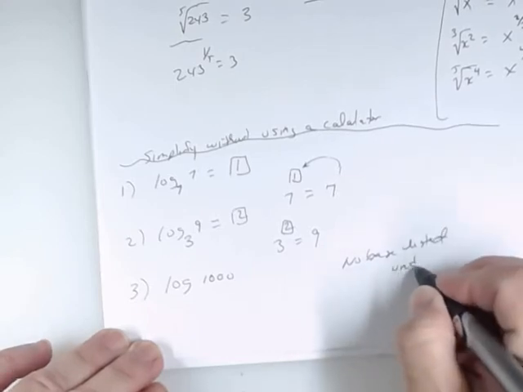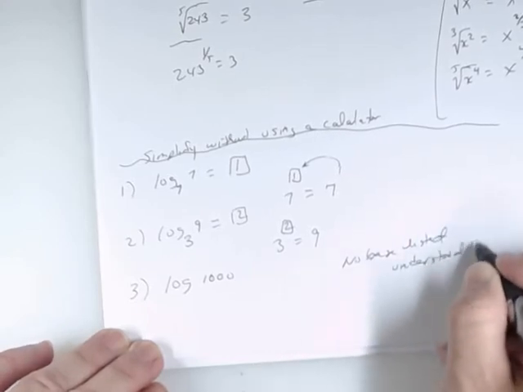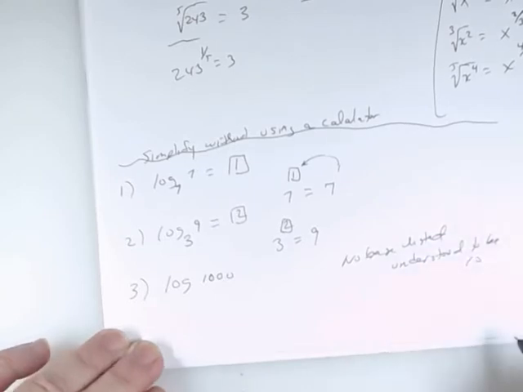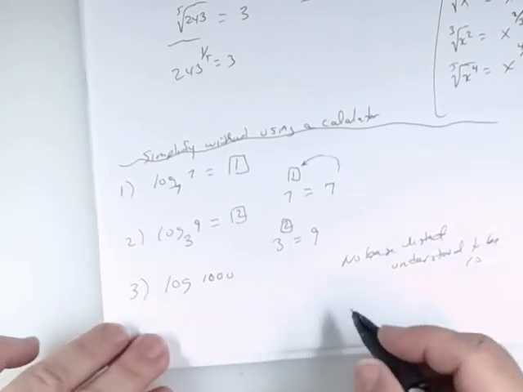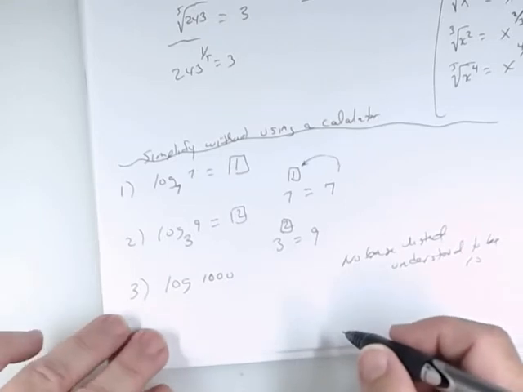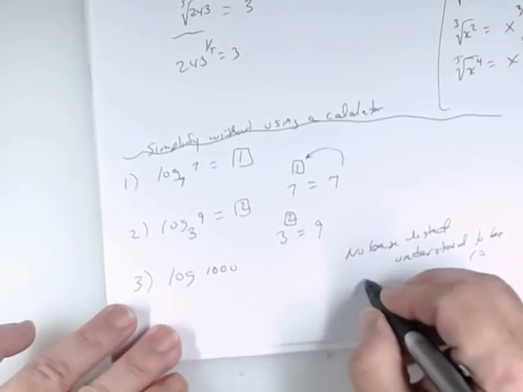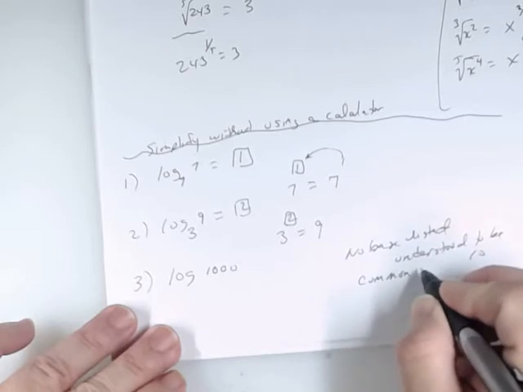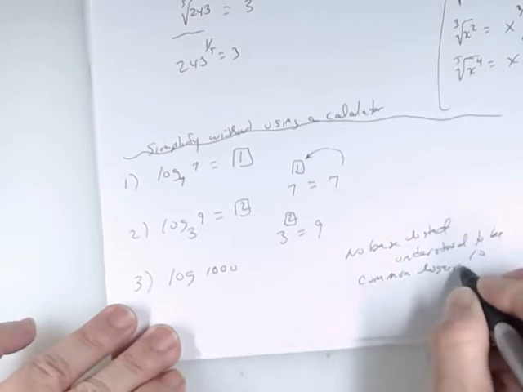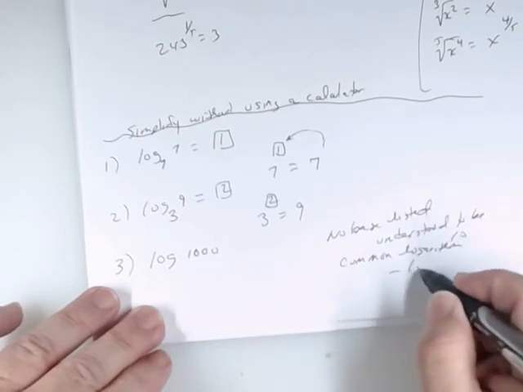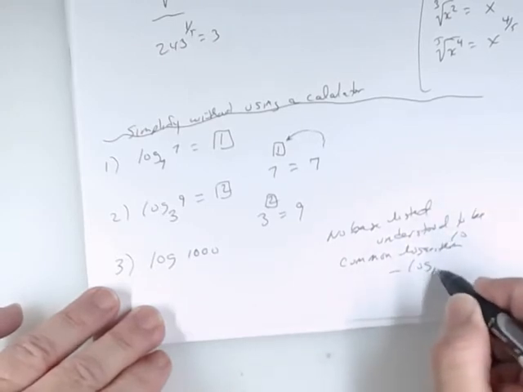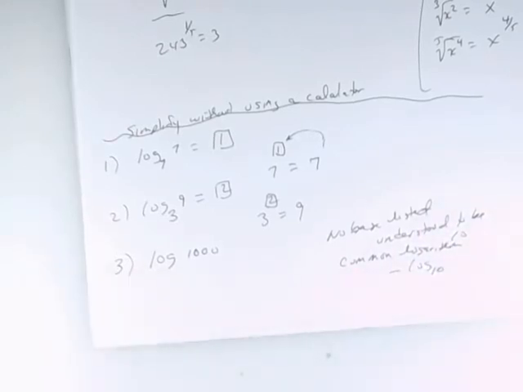It's understood to be 10. A log with base 10 is called a common logarithm. So a common logarithm is a log with what base? 10.